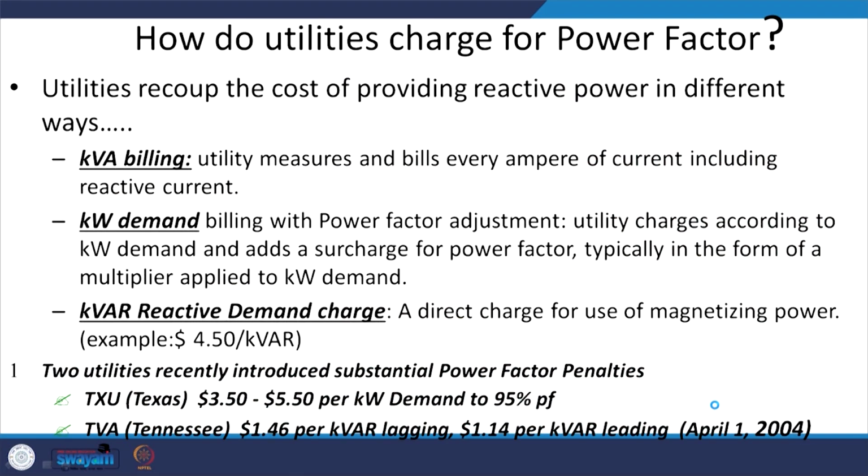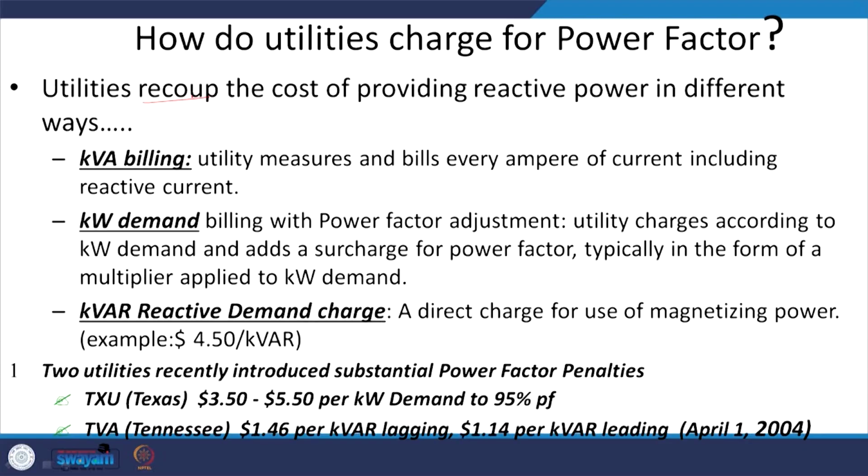Now, this is for industrial billing only, but it may be extended to domestic billing up to some level. If you are staying in a society where you have so many air conditioners and all those issues, then of course, you may be charged for it. Utilities recover the cost of providing reactive power in different ways.